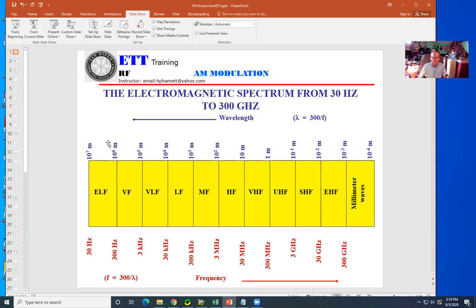Okay? So the first thing you can say is that they just list the different frequency ranges, from what frequency to what frequency. Okay? They can be from 30 hertz to 300 hertz and so on. And if you look in here, you can get a wavelength.